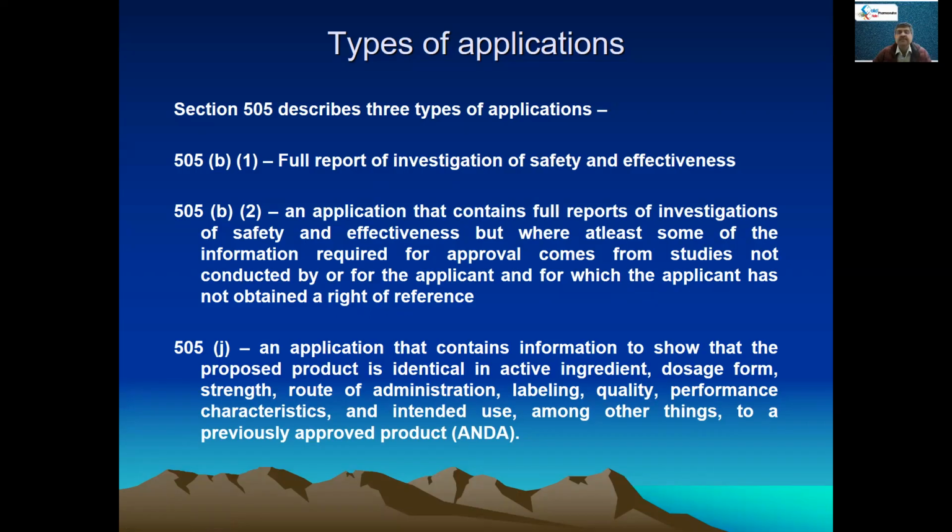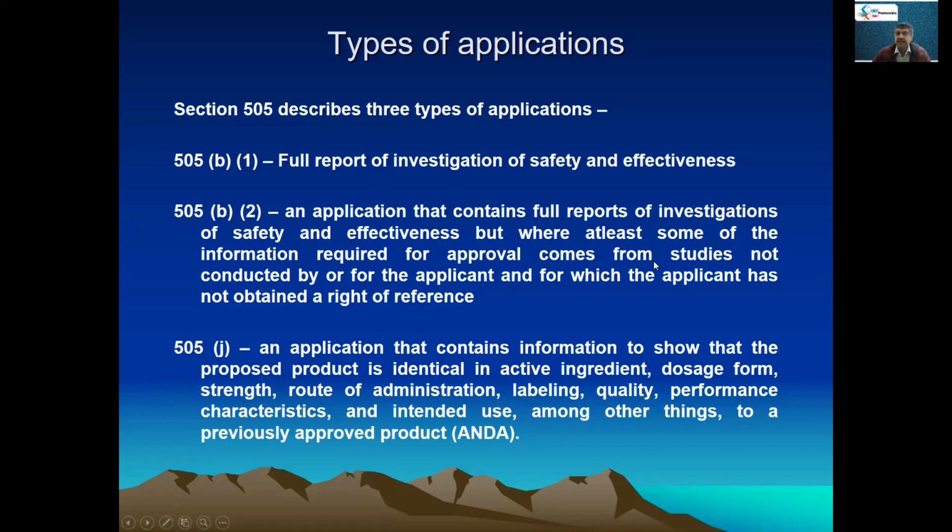What this means is that although the full reports of clinical trials for safety and effectiveness are submitted in the 505(b)(2) application as well, some part of the data was not generated by the sponsoring company, the company which is submitting the hybrid NDA.